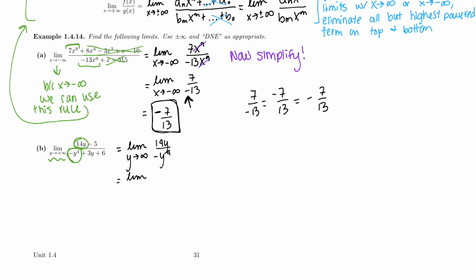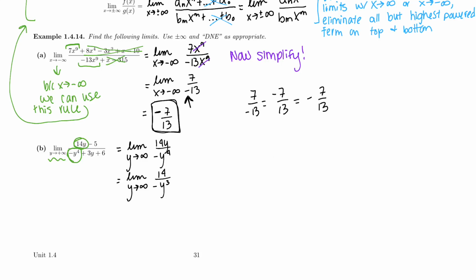This can be simplified. Right? So if you have y over y to the fourth, this would be 1 over y to the third. It's heavier on the bottom, so the exponent ends up staying on the bottom. So when we simplify this, this is 14 over negative y cubed.